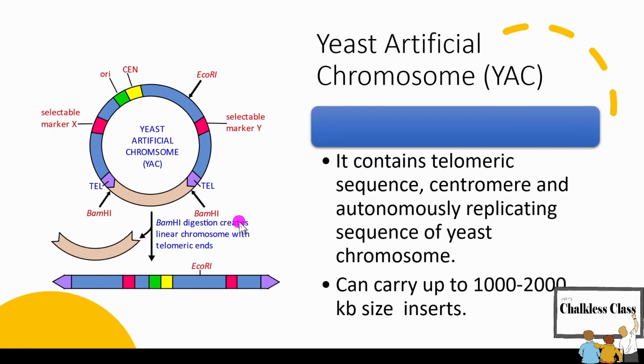That is BamHI, Bacillus amyloliquefaciens H strain 1. It digests this DNA at this part and forms a linear chromosome with the telomeric ends. Yeast artificial chromosome can carry very large size DNA sequences, up to 1000 to 2000 kb.